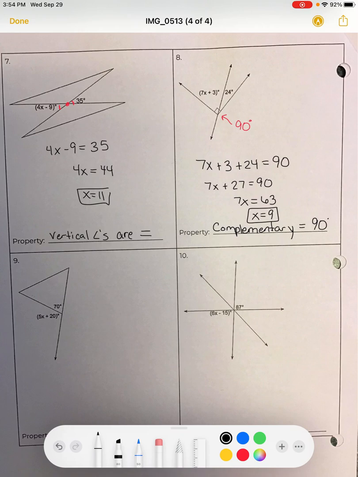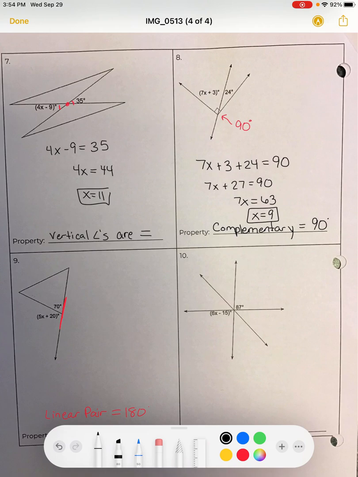So these are double points. You've got to write the property and you've got to solve for x. This is one of those that make a straight line here between those two angles. So we're going to call this a linear pair equals 180.